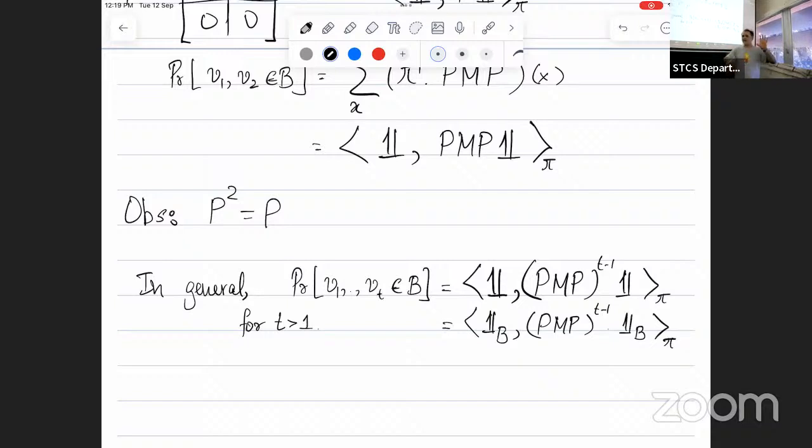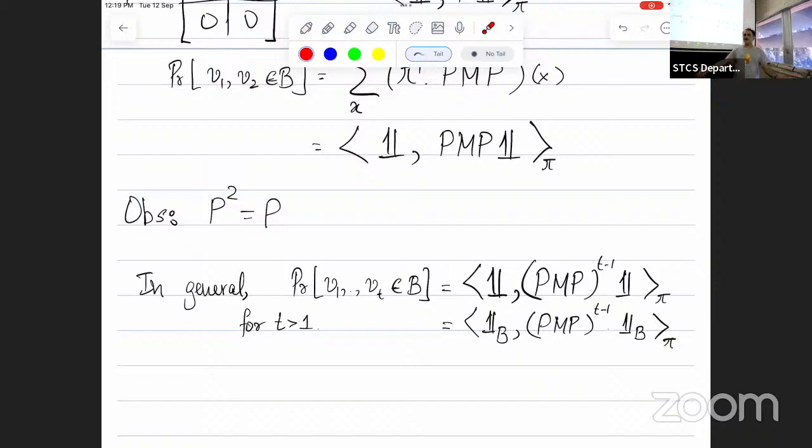That is, I'm just zeroing out everything outside. If you don't start from B, the first thing you apply is basically the P applied on 1B, so it anyway is going to zero out whatever was on the other columns. As far as this dot product is concerned, if these two vectors had entries outside of B, they don't contribute to the dot product anyway.